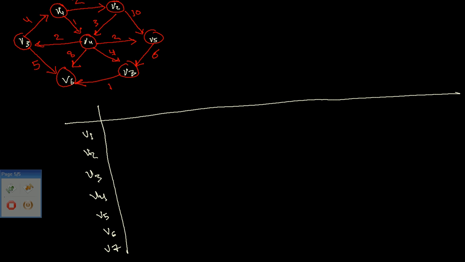And up here we put k, which is known, which has a value of either 0 or 1. You need to make about 1, 2, 3, 4, 5, 6, 7, 8 columns, which is the number of vertices plus 1. So we need eight columns.